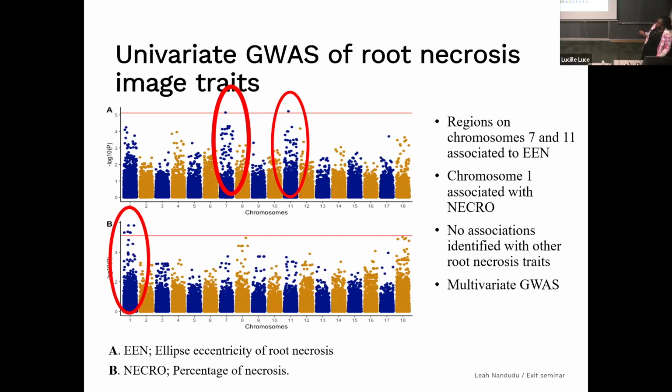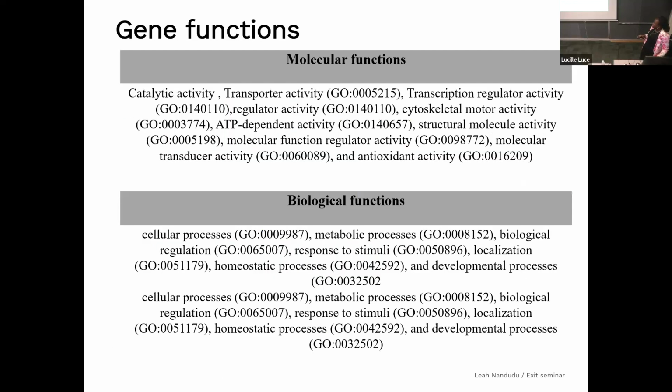We did multivariate GWAS with different trait combinations, and we did not find any significant SNPs. So again, we looked at the gene functions, and you see the same trend: catalytic activity, binding, and all these gene functions help in enhancing the susceptibility or the expression of the symptoms within the roots.